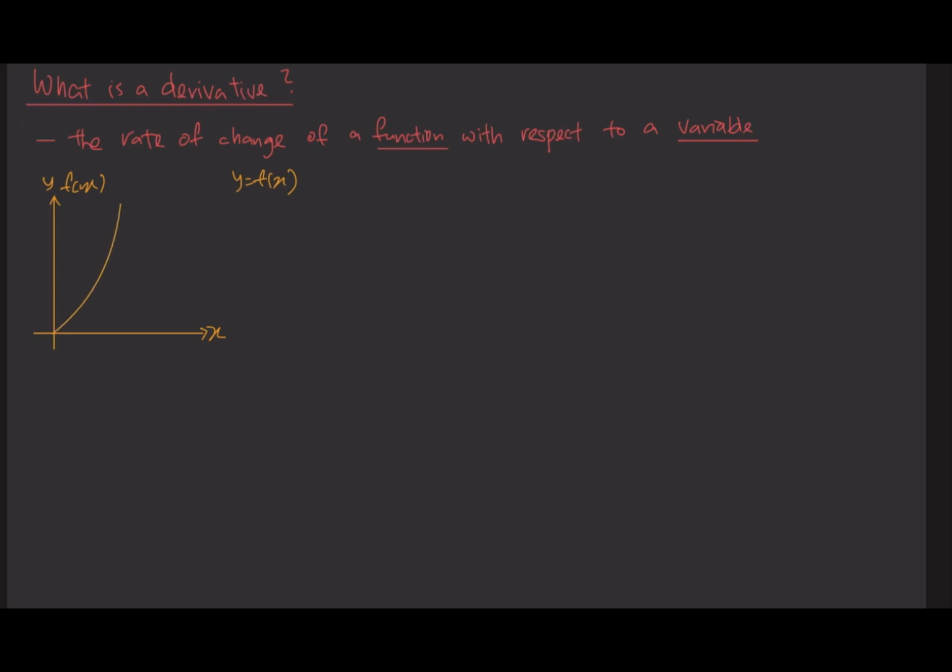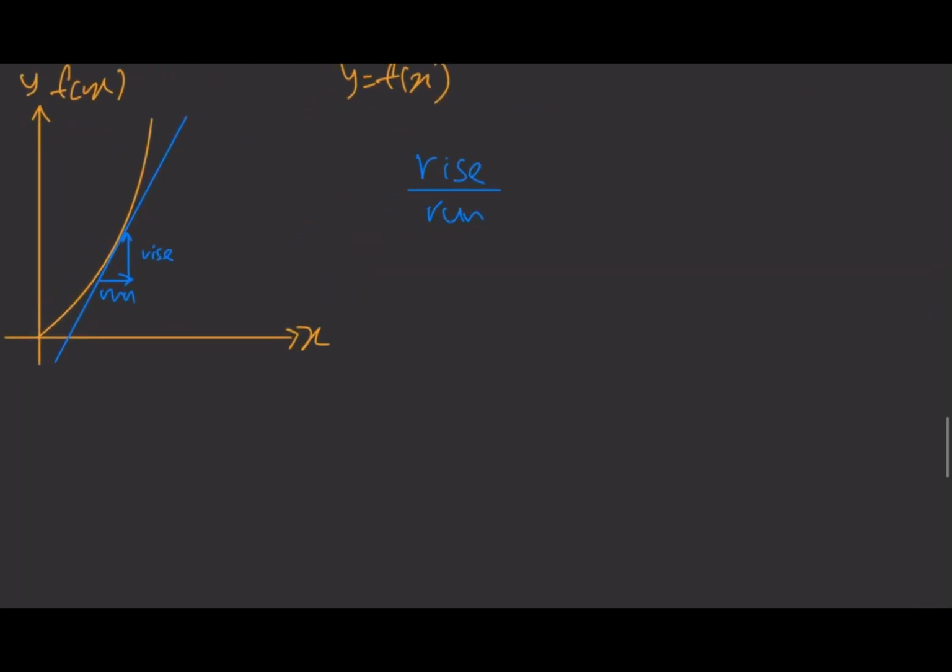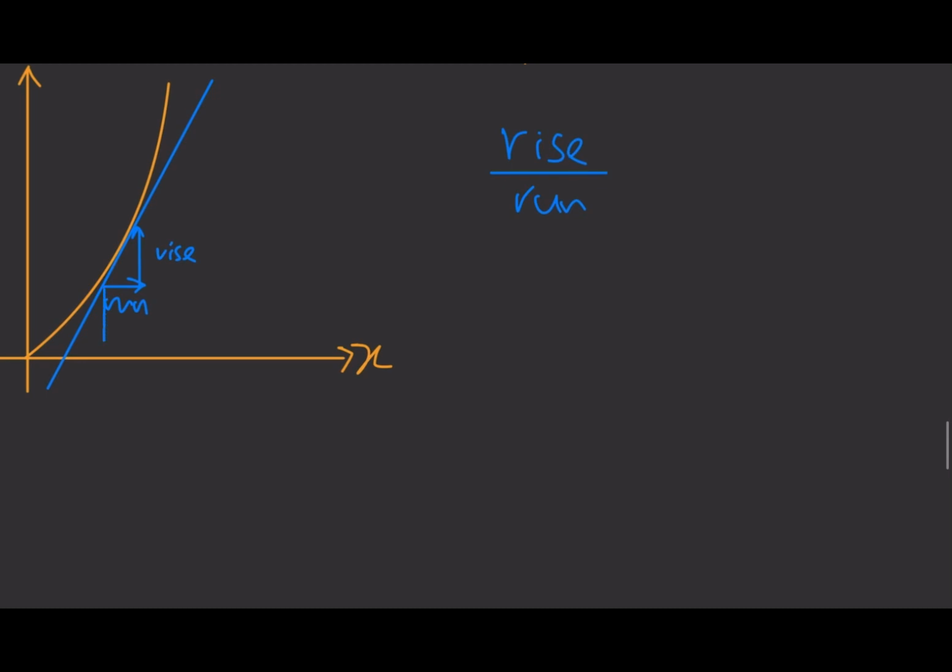If you want to take the tangent of a graph, we usually take rise over run. And how do we calculate the rise over run? Let me redraw the graph.